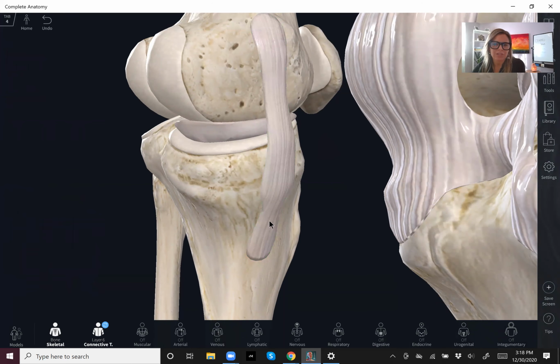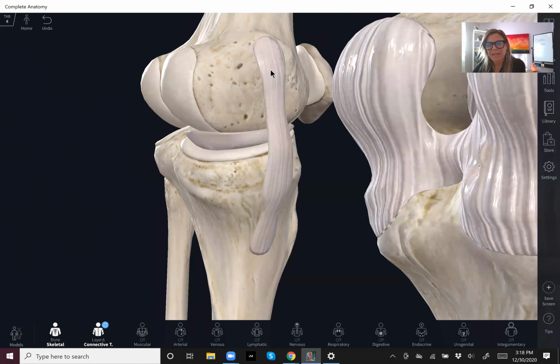You can see sort of these striations through here. So this is a really thick collagenous tissue. And like I said, there isn't a lot of innervation from nerve or blood supply. So when you damage these ligaments, it can be really hard to actually get them to repair and go back to where they were before.